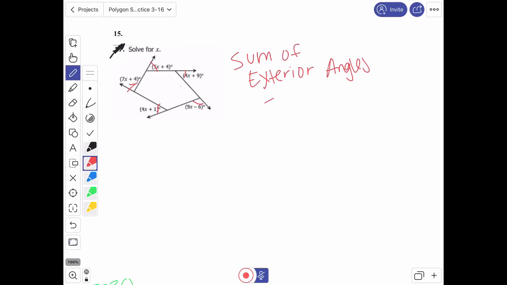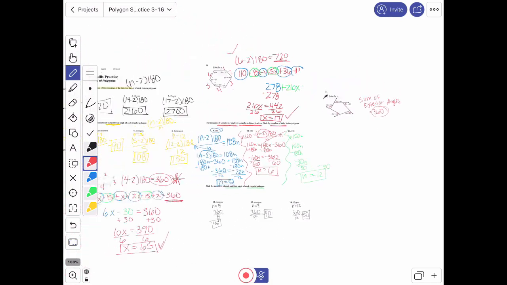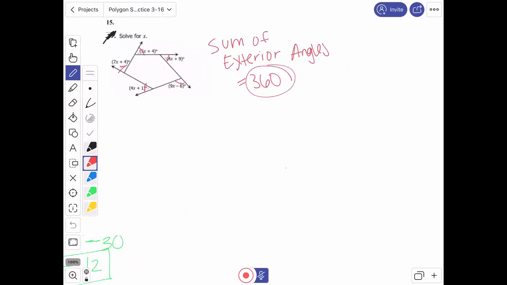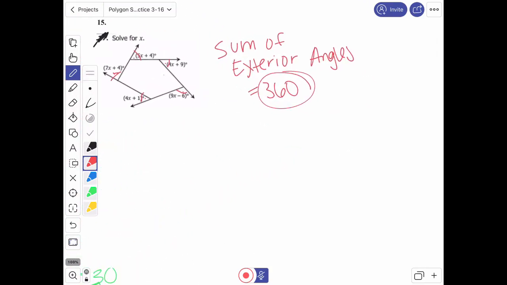So if I take all of these angles that I've already highlighted and add them up, they should equal that 360. So it's kind of like the problems that we did for 7 and 8, except now we're doing it with the exterior.